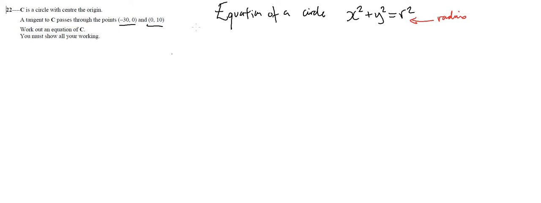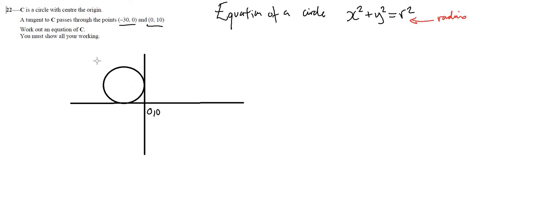We're going to show all of our working. Right, so let's do this. There's our x-axis. There's our y-axis. And we have a circle, and the origin is at 0, 0, the origin.